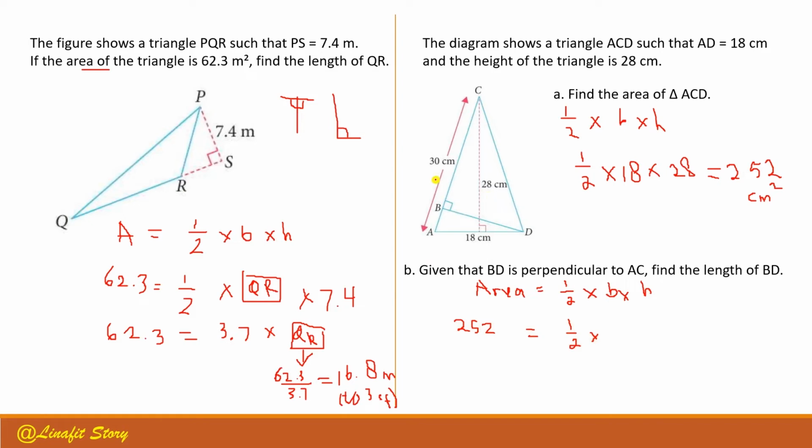The base is 30 cm, and the height is BD. So 252 is equal to 15 times BD. So to get BD, it is 252 divided by 15. The answer is equal to 16.8 cm.